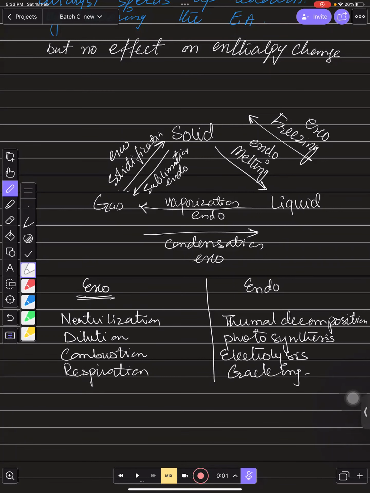Cracking is one of the thermal decomposition processes, which is endothermic. Is that clear, every one of you? Yes, sir. Yes, sir. Examples that you need to keep remember.